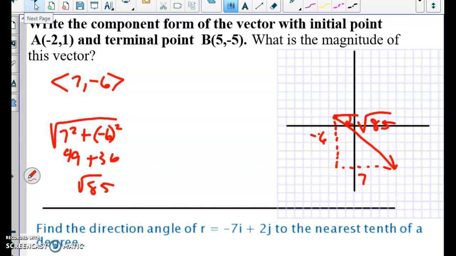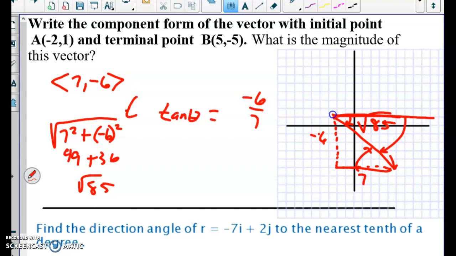And we know that this angle going down is going to be, because this side is parallel to that side, the same as that angle in there. So I'm going to use my tangent. So the tangent of my theta is equal to the opposite over the adjacent. Inverse tan, and let me grab that. Inverse tan.